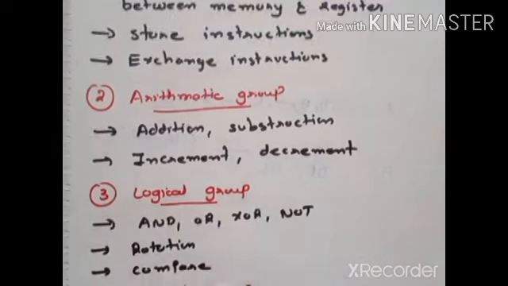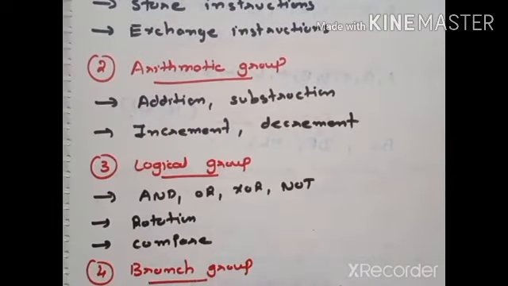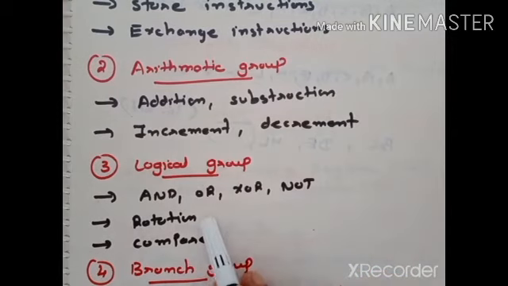Then logical group, third group. In the logical group, AND instruction or XOR, that means exclusive OR, NOT. Then rotation means rotate left, rotate right. Then comparison between two registers. This type of instruction is in the logical group.